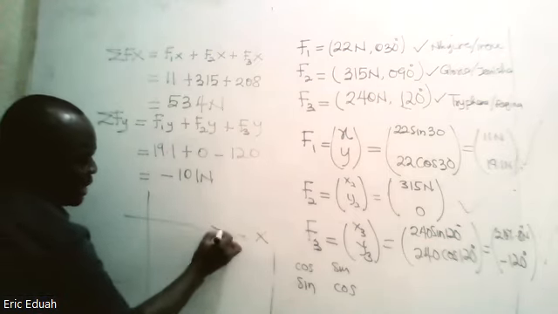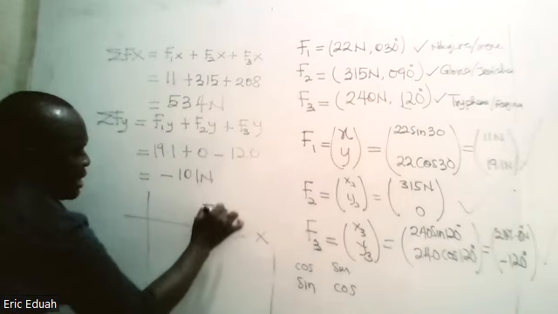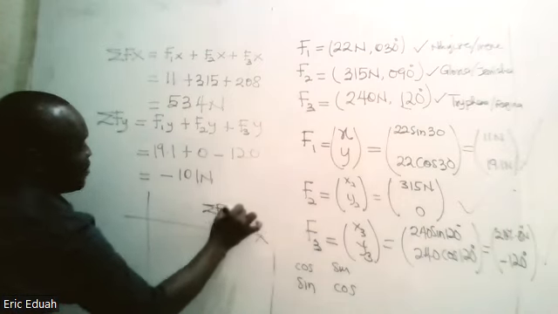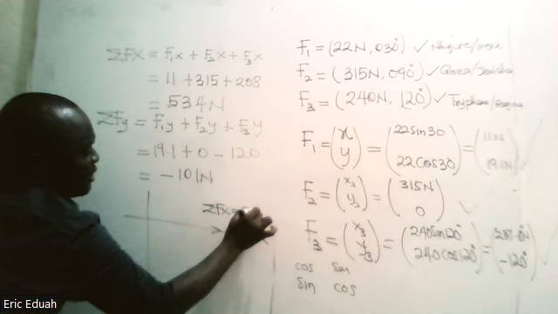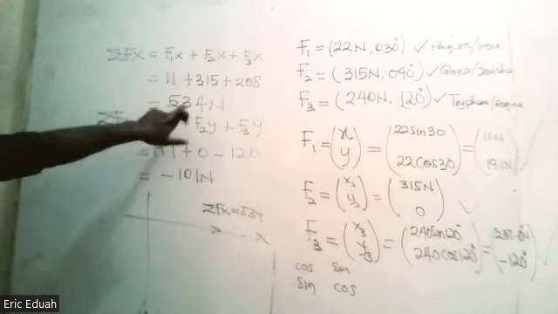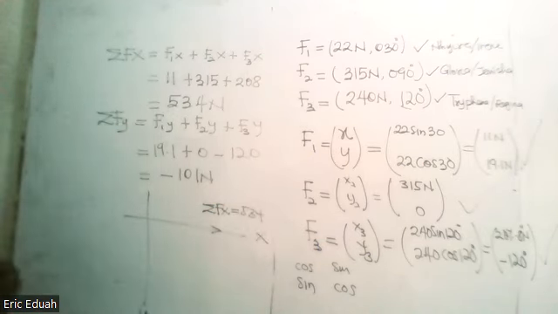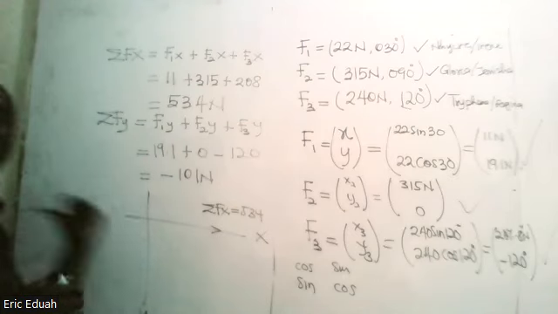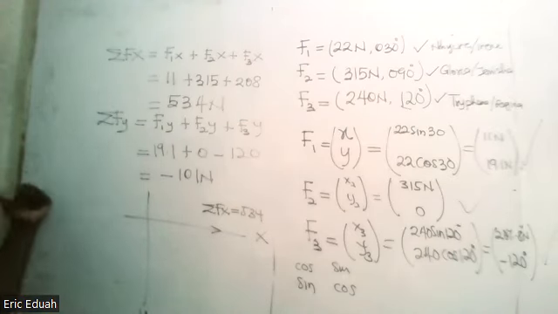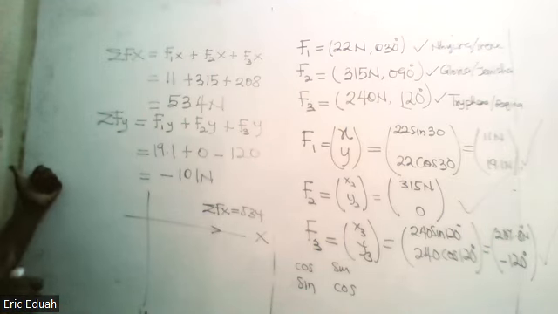So it will be here. This is summation Fx, which is equal to 534. Meaning that if this had been negative, it would have been along the negative x axis. Are we okay? Yes, please. Good.